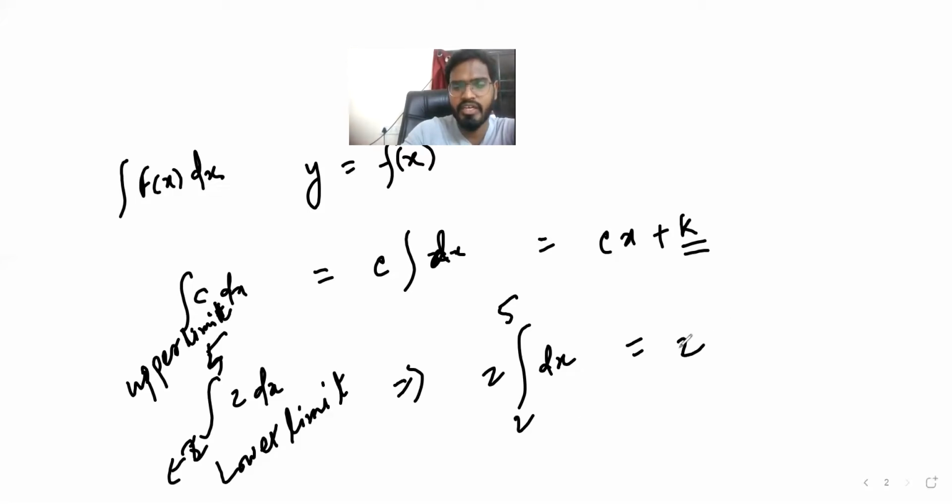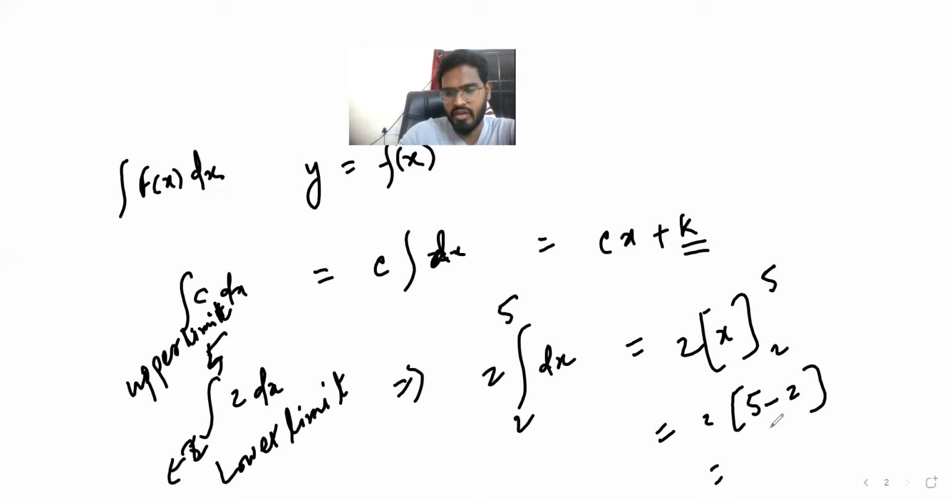X is x only. Whenever definite integration is there, no need to write the k value here. Then we are writing from 2 to 5. First we are supposed to put the upper limit, 5, and then the lower limit, so that is going to give us 6. So that is the integration of 2 dx from 2 to 5. By this way we can do definite integration.